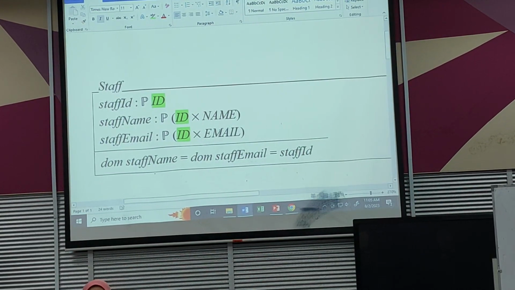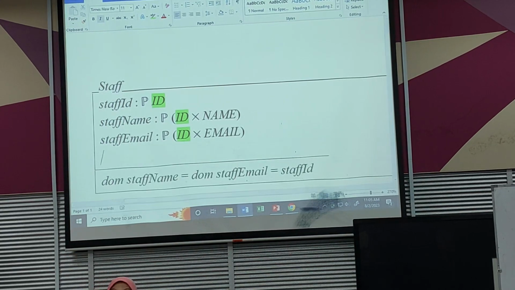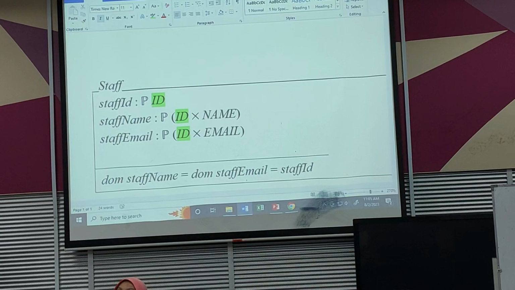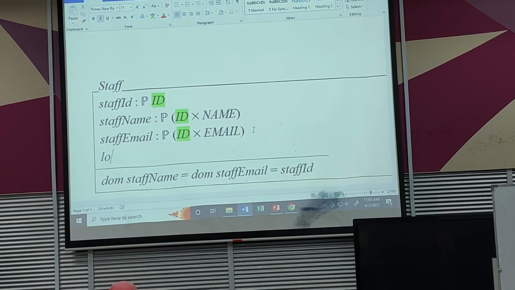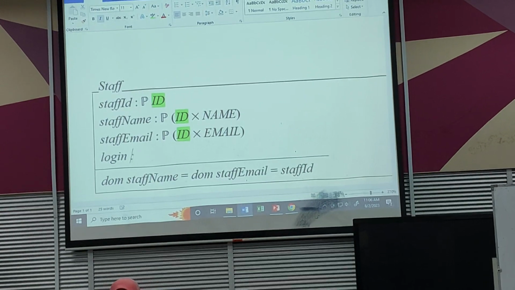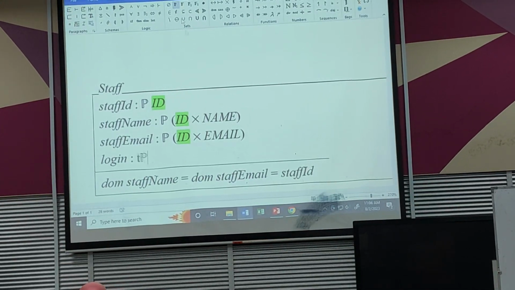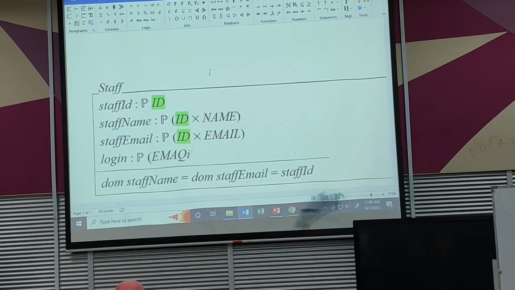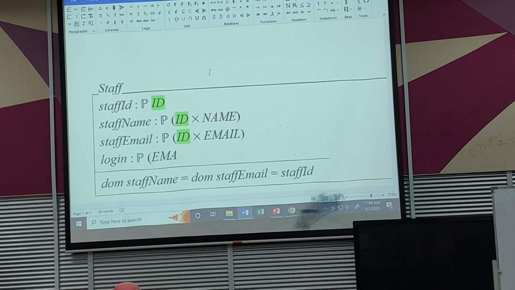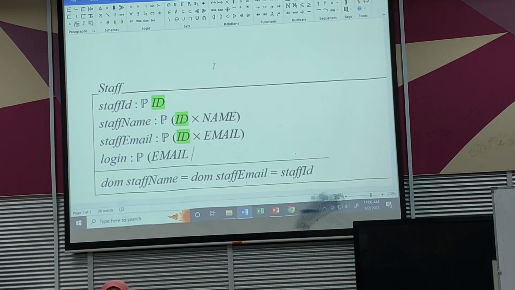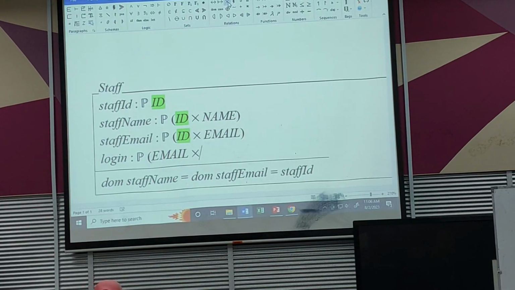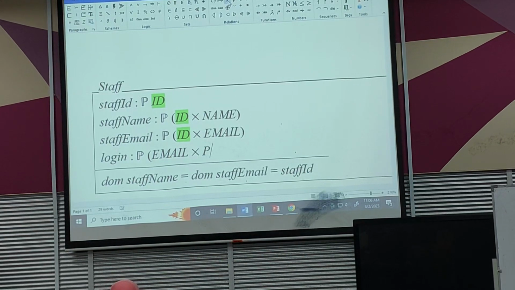Let's say I have one more variable called login, for example only, login, where I have power set of email, Cartesian product to password.